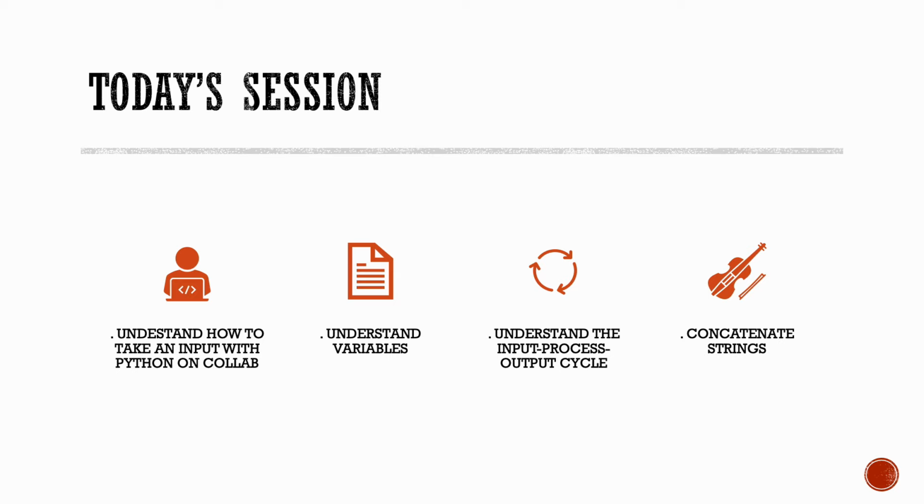Similarly, a string is a series of alphabets and numbers put together, ultimately being treated as a set of alphabets rather than as numbers. So let's see what's coming up.